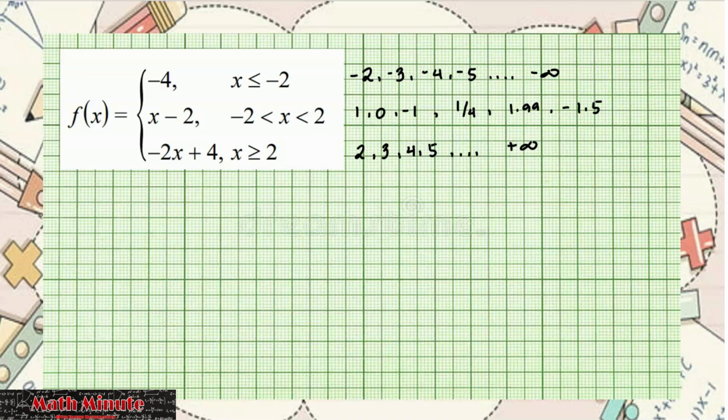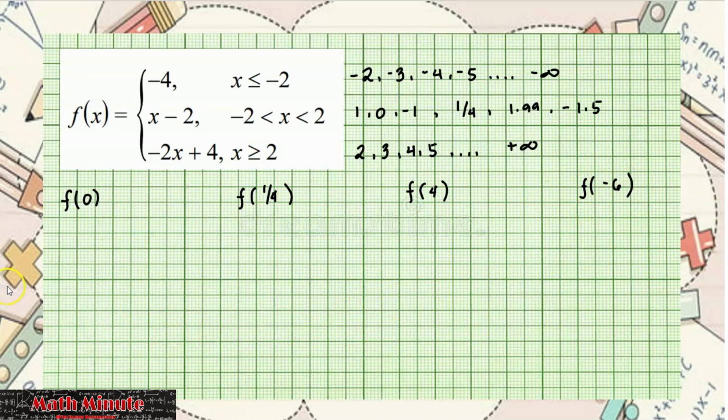Let me give you values of x here. First, let's say we have f of 0. Second would be f of 1 over 4. Third would be f of positive 4. And fourth will be f of negative 6. So let's begin with f of 0.